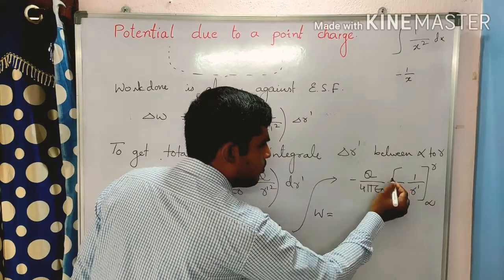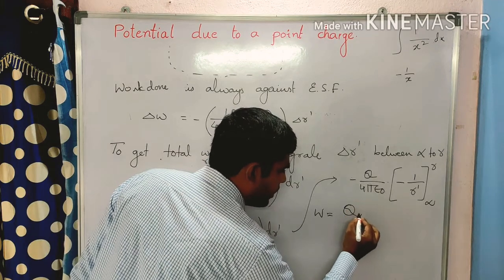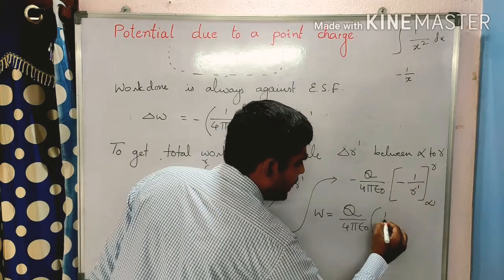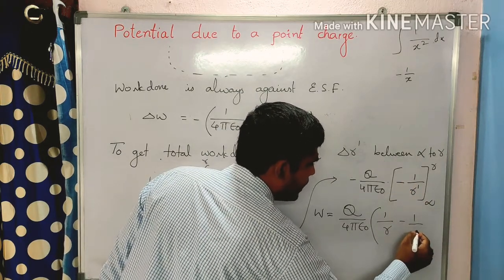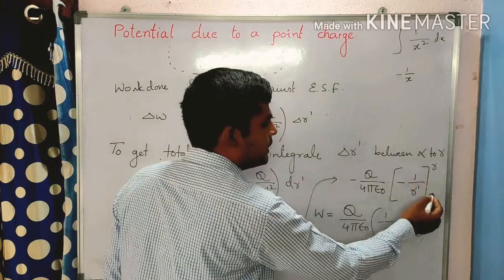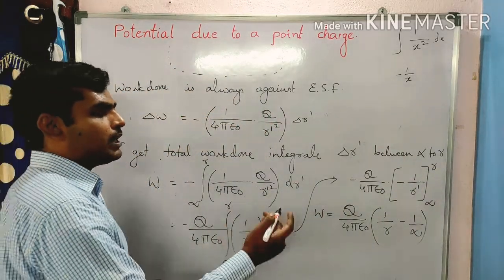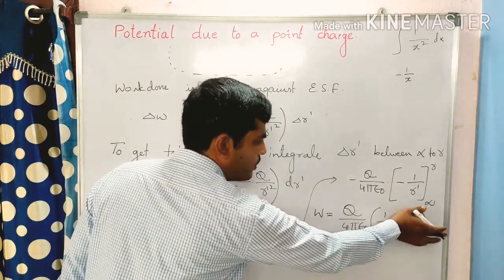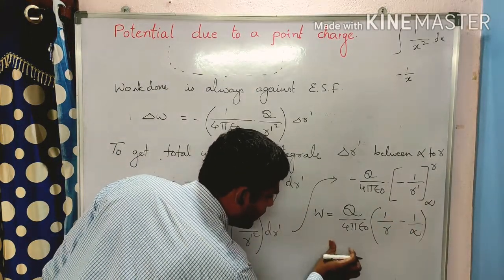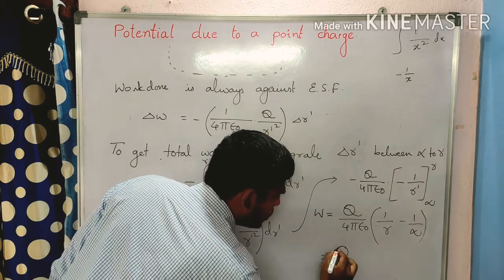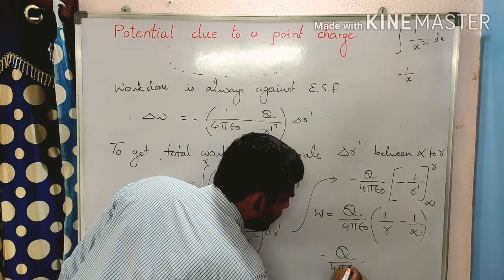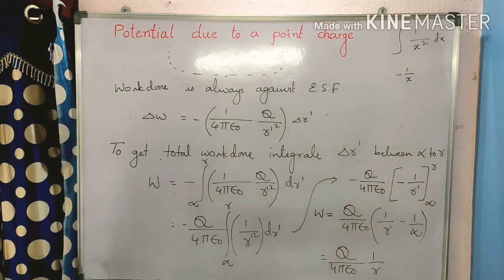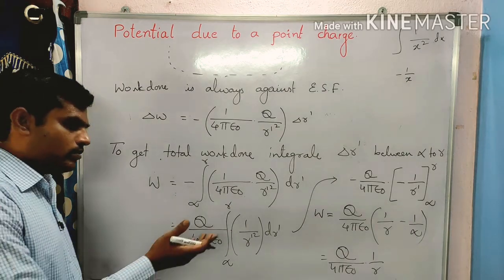It is Q by 4 pi epsilon naught times 1 by r minus 1 by infinity. Applying infinity and r, something by infinity is 0, so that term need not be counted. So the work done is Q by 4 pi epsilon naught into 1 by r.